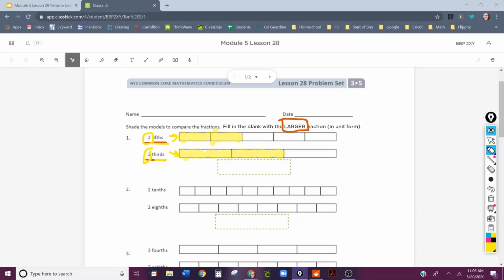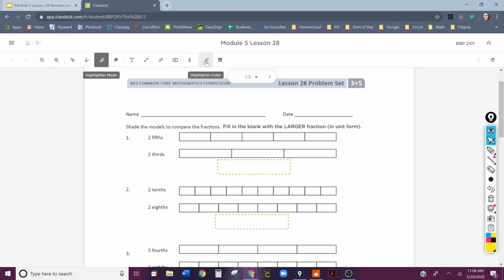Okay, so now what we want to do is we want to compare. And I actually realized I'm still using my tools over here. I'm going to switch to my pen so you guys can do it the same way I'm doing it. 2 pieces, 2 pieces. Okay, and then pen mode.